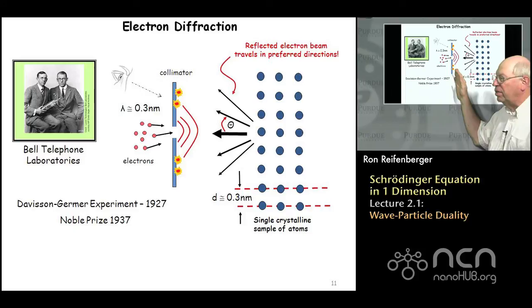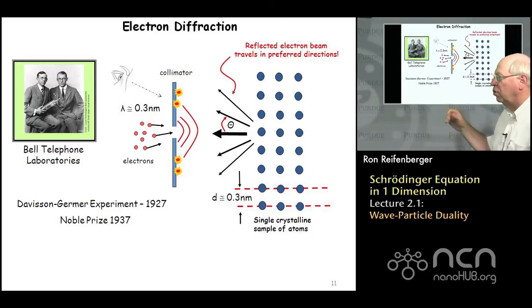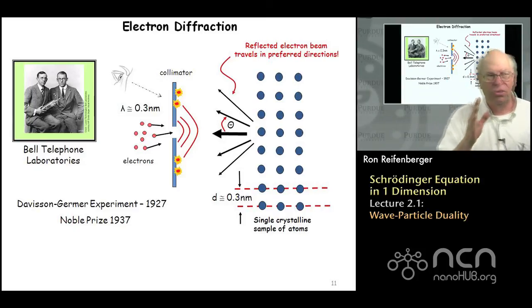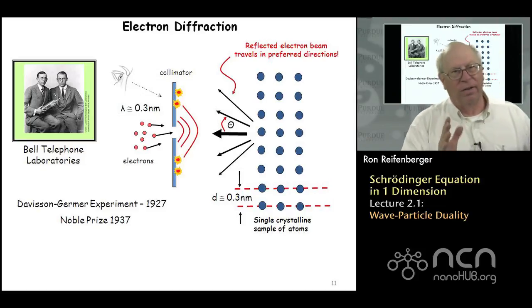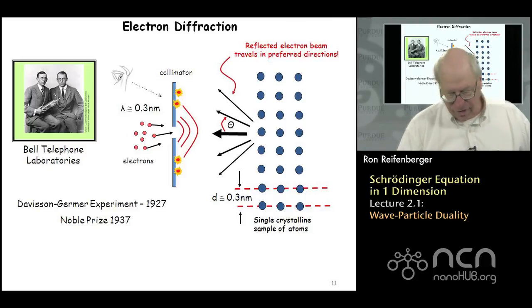And what you might expect to observe is some sort of a diffuse pattern of electron reflection from the sample. But in fact, what Davisson and Germer observed when they looked at a fluorescent screen was they observed very distinct bright spots in certain directions that were very reminiscent of the bright spots that are observed in X-ray diffraction experiments that we discussed earlier in this lecture.